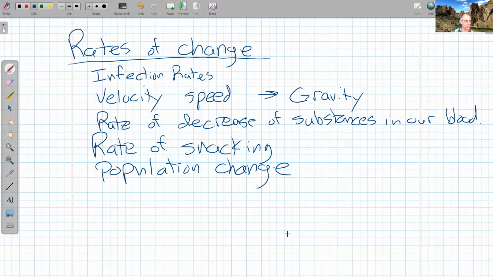Now the point of this is, when we find a rate of change, we work with 2 points, right? Rate of change involves 2 points. That is the way it's done. If you don't have 2 points, you don't have a rate of change. So 2 points of information are needed.